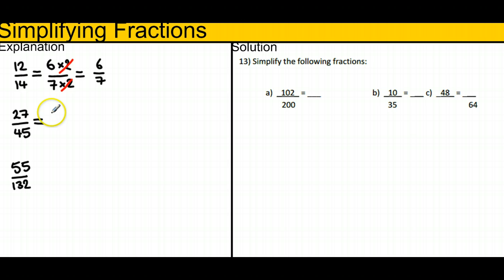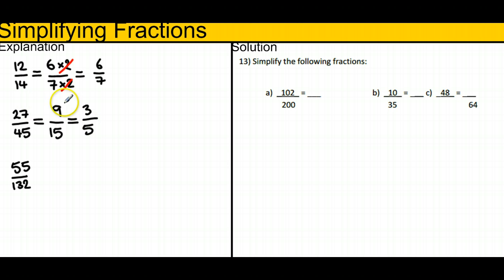27/45 is a nice example because you initially might think, well, I'll try and halve them both, but you discover that 2 doesn't go into both. So then you try 3, and well, 3 goes into 27 9 times, and 3 goes into 45 15 times. But then you should spot that you can do it again. 3 goes into both 9 and 15. 3 goes into 9 3 times, and 3 goes into 15 5 times.